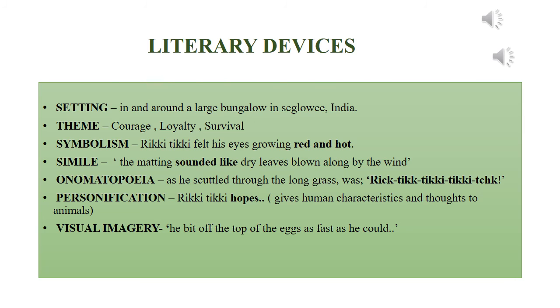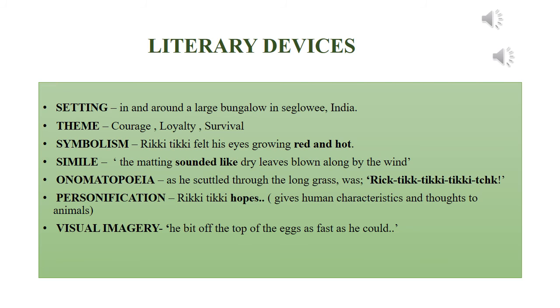And also personification, that means giving human characteristics and thoughts to animals. The best example is Rikki Tikki. So the writer has used, like, Rikki Tikki hops. So Kipling is giving human characteristics and thoughts to animals here. And lastly, visual imagery.